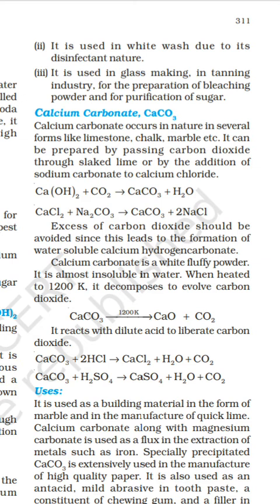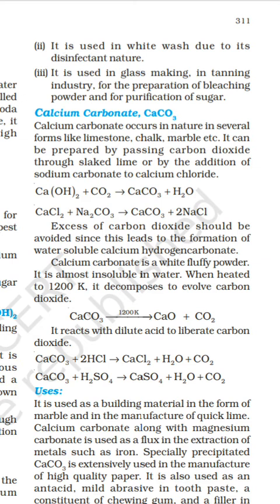Then calcium carbonate, CaCO3. Calcium carbonate occurs in nature in several forms like limestone, chalk, marble, etc. It can be prepared by passing carbon dioxide through slaked lime or by the addition of sodium carbonate to calcium chloride. Ca(OH)2 plus CO2 to form CaCO3 plus H2O.